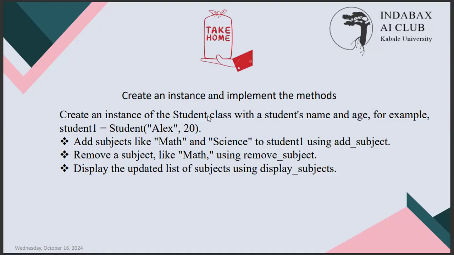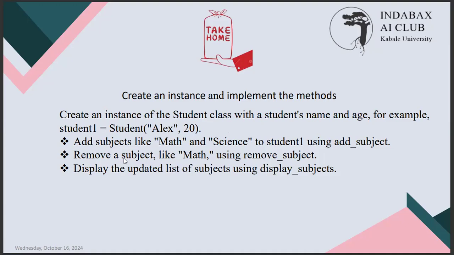Create an instance of the student class with a student's name and age. For example, student one, you should create student one with such attributes. This is the name, age, and subjects. You should also include them somewhere. Then add subjects like math, science to student one using add subject.